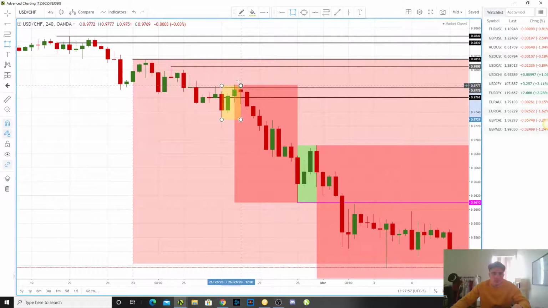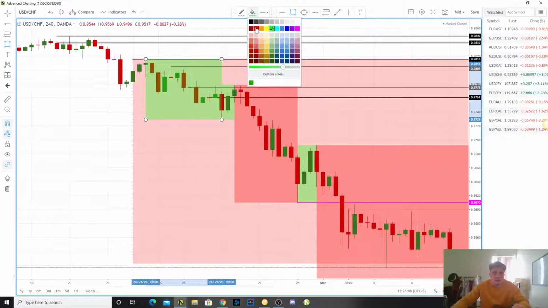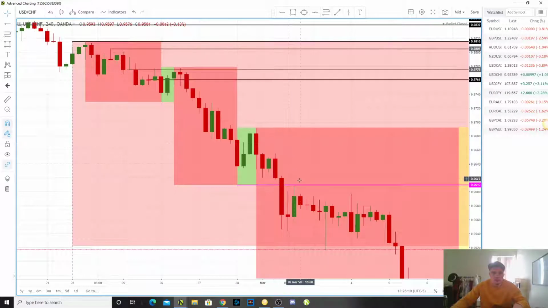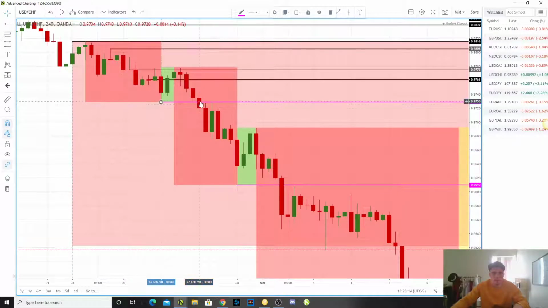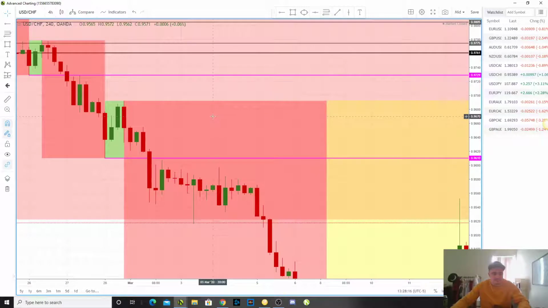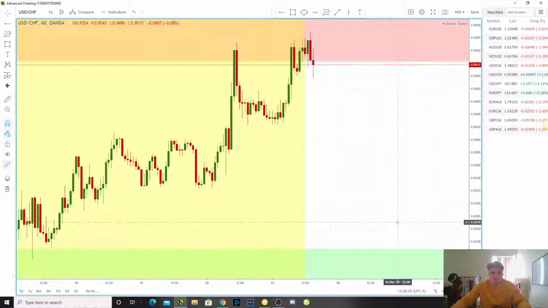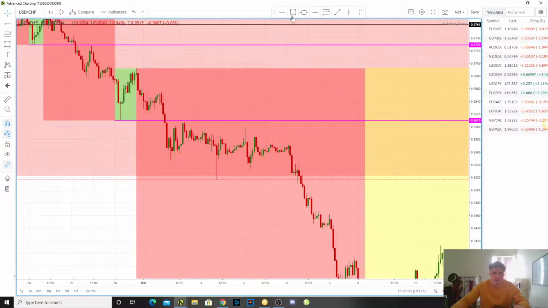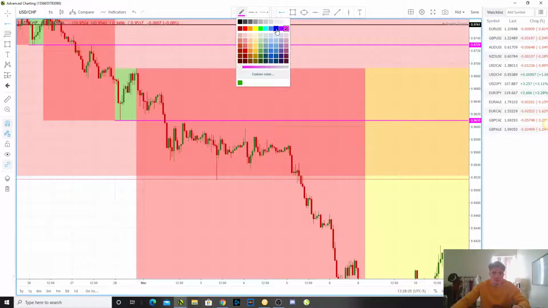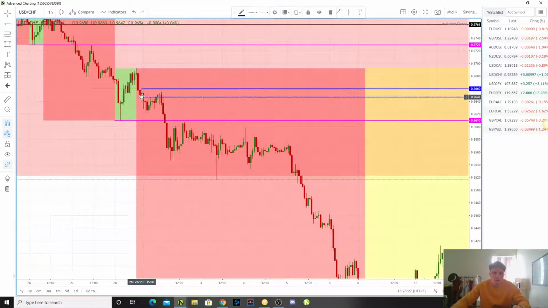We got this weird stuff going on right here. Oops. Make that green. And then this would be our red. So anything above there, above this breakout area. There we go. So, start looking for levels. Take that one.